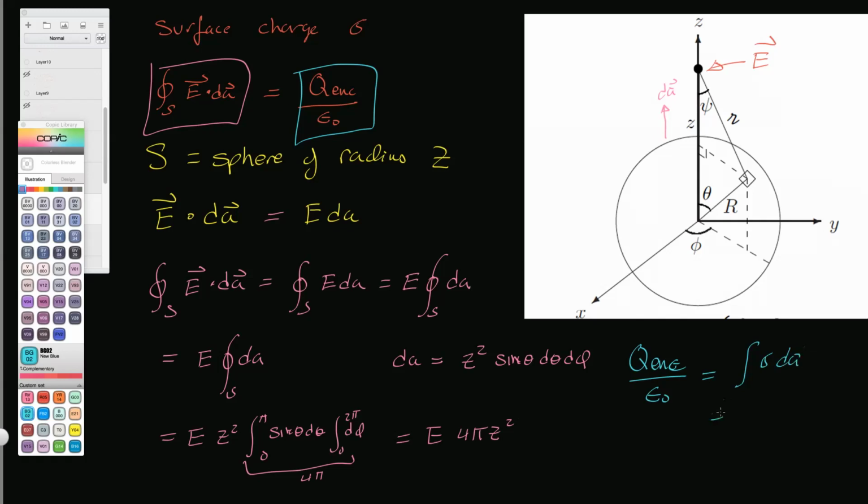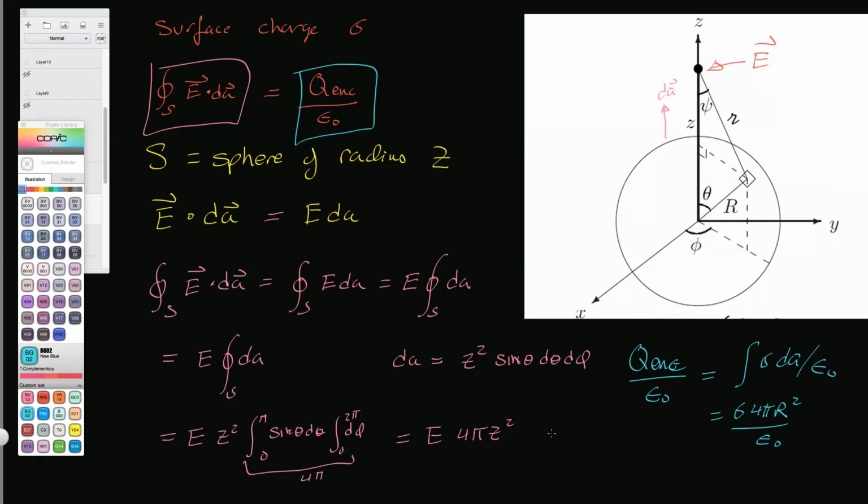Now we have to be careful here because this is the surface of the sphere, not our Gaussian surface. So that's going to be sigma times 4 pi r squared over epsilon naught. If I just wanted to write that as the total Q, I could.